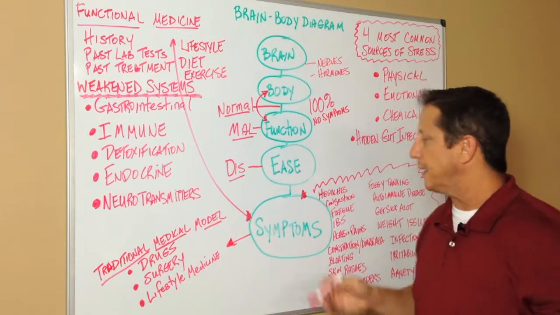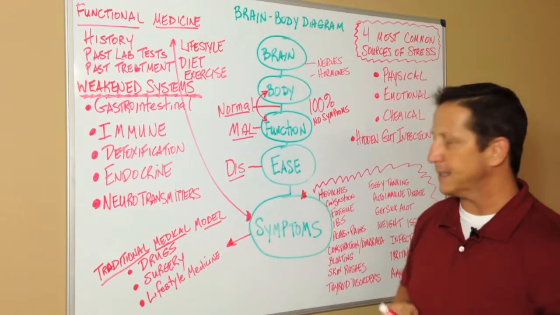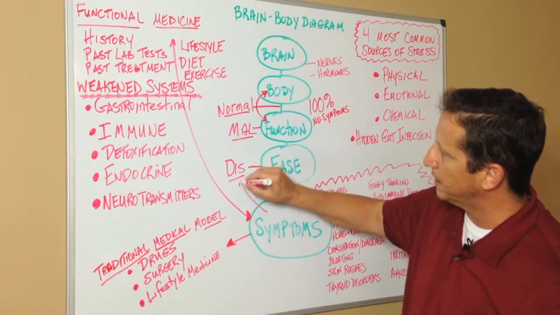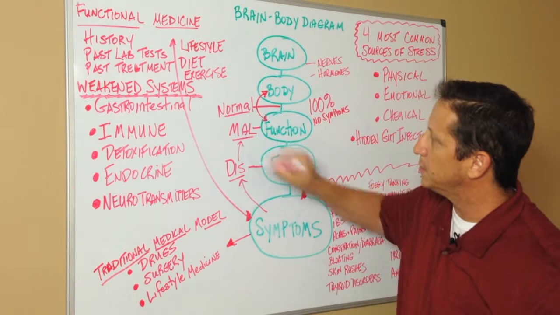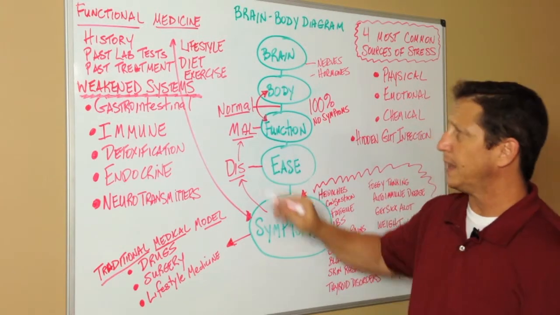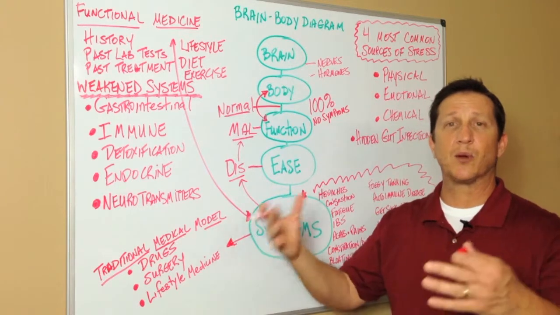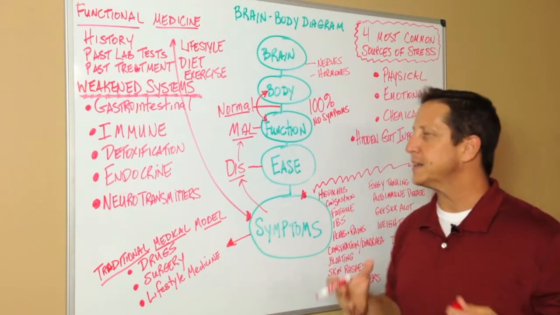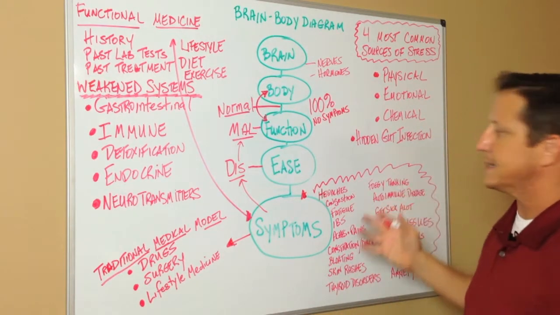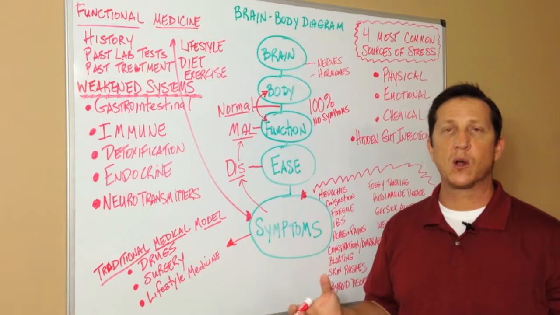As soon as we have symptoms, we have dis-ease. So we go from here to a dis-ease, and we go from here to a malfunction, and we can no longer consider the communication between the brain and the body completely normal. So the question is what is it that causes the body to go out of normal?